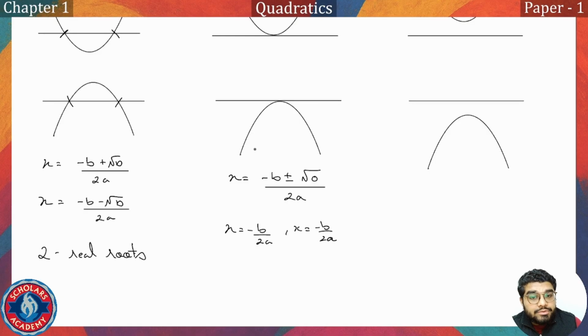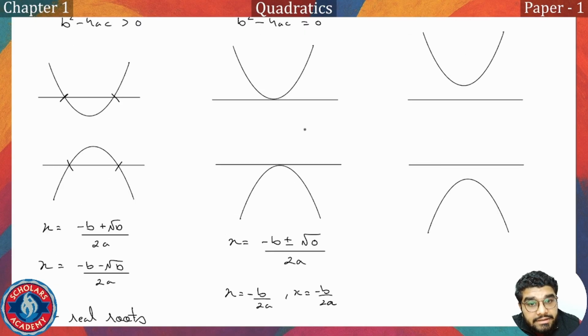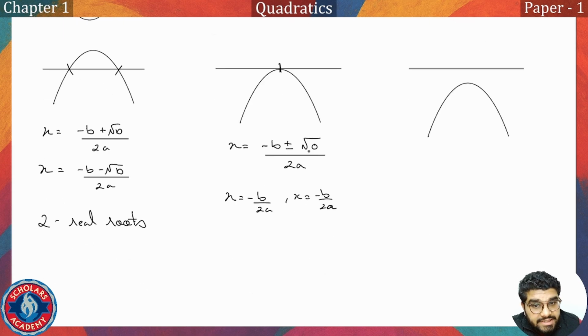So both the roots that we are getting are same. The intersecting point with the x-axis is just one point, which is the point of tangent with the curve. So we say that we get two equal real roots.